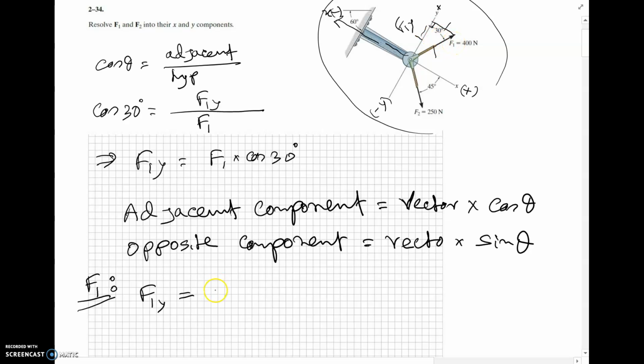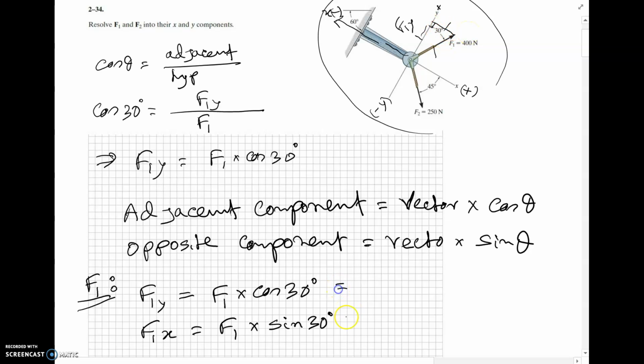We have already written that F1y is equal to F1 into cos 30 degrees. Similarly, F1x would be F1 into sine 30 degrees. Why? Because x is not the adjacent axis. X is the opposite axis from F1 with respect to this 30 degree angle.